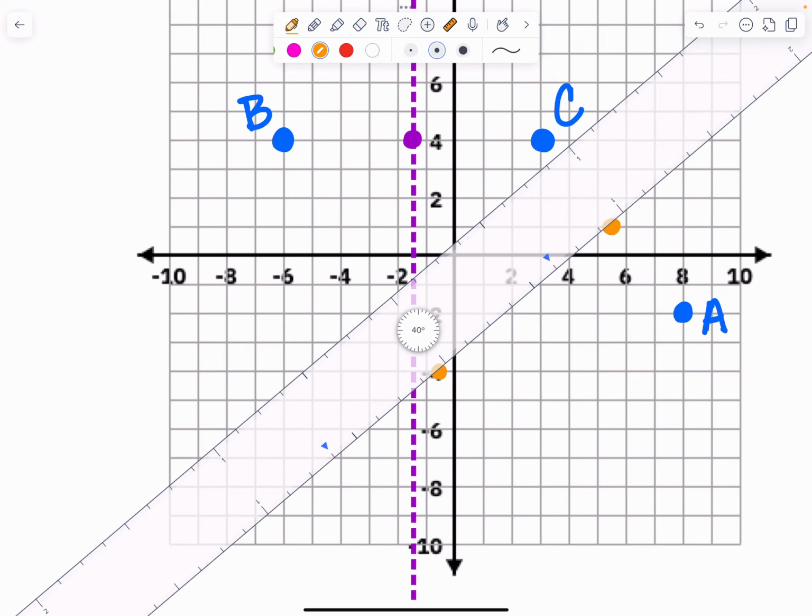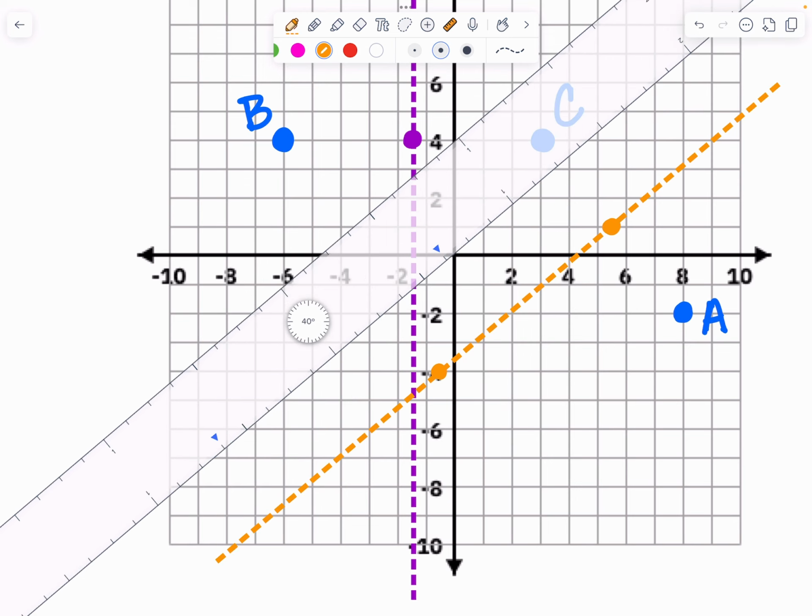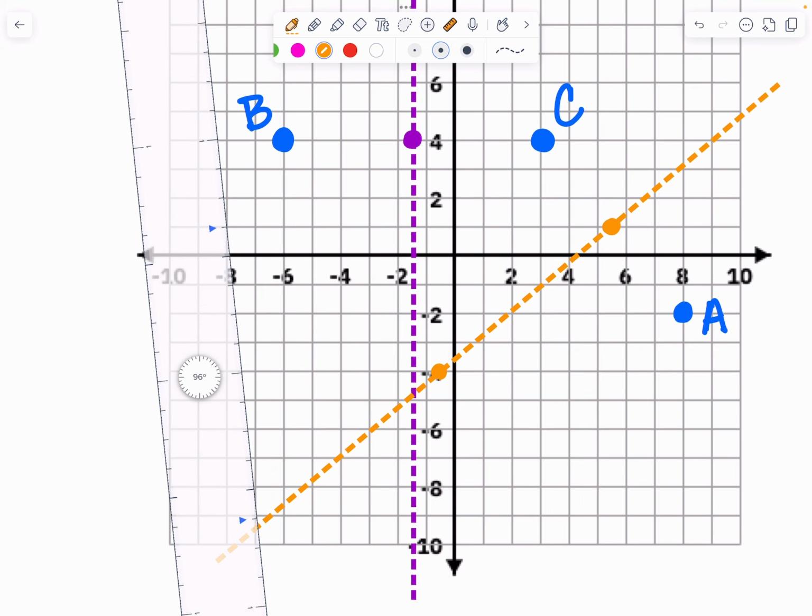I can draw this bisector. All right, so now I have to do my last bisector.